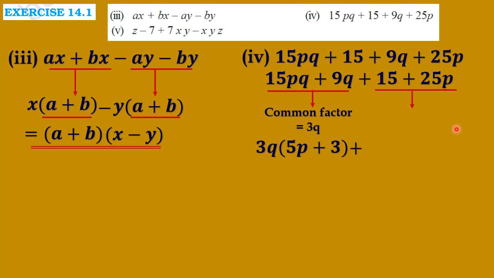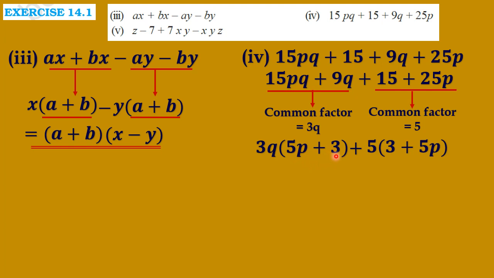Now what is common there? 5. So take 5 out. So 5 into 3, 15. Then 5 into 5p, 25p. So 5p plus 3, 3 plus 5p, both are the same, no? Addition is commutative, you know that a plus b equals b plus a.